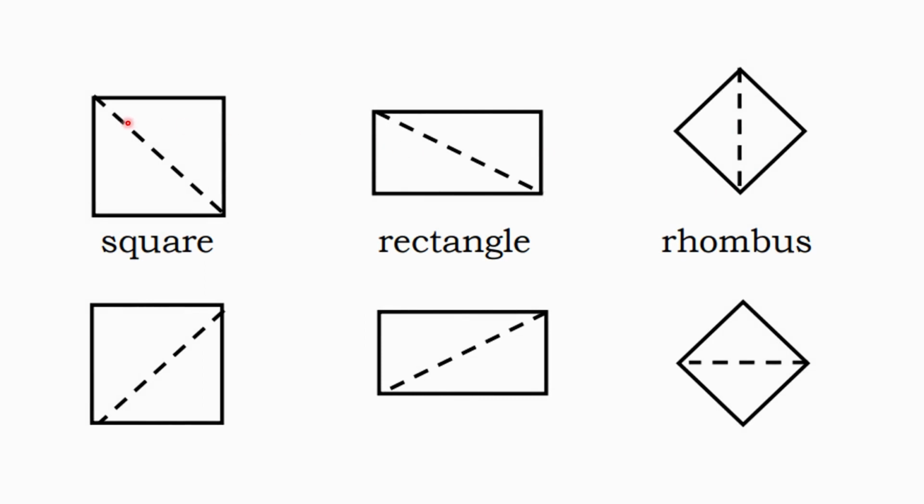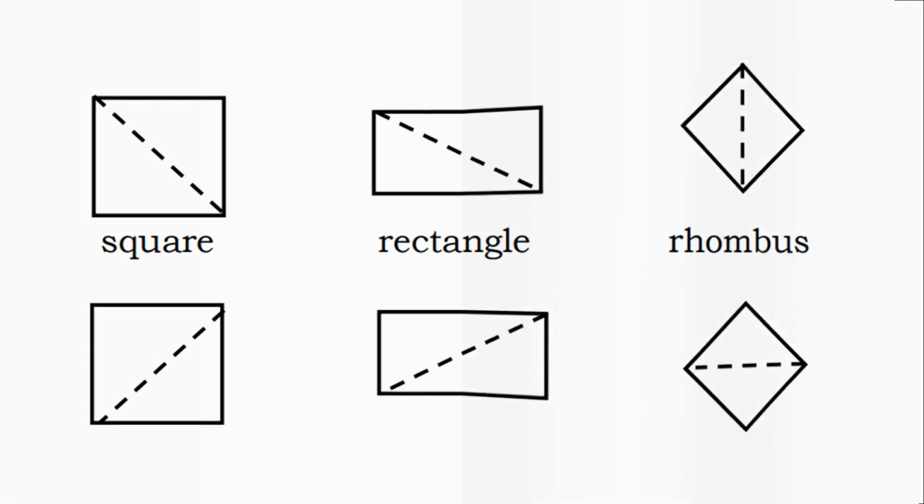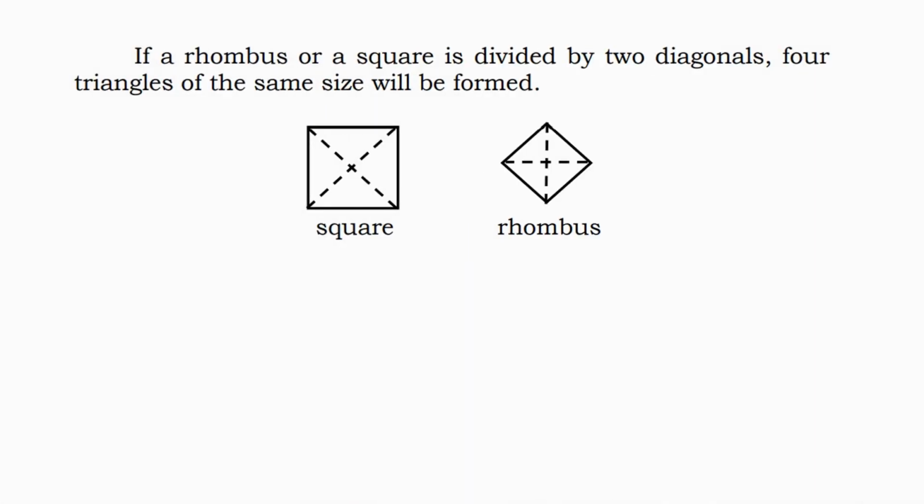So we form diagonals here, diagonal lines. If a rhombus or a square is divided by two diagonals, four triangles of the same size will be formed. When divided by two diagonals, how many triangles has it formed?